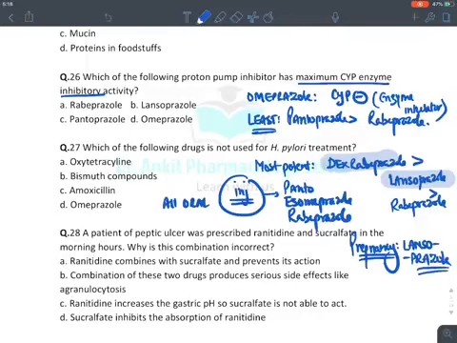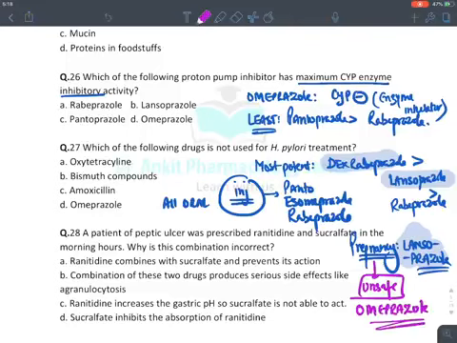But remember, we can use other PPIs as well, but the data with lansoprazole is best. The unsafe PPI in pregnancy is omeprazole, because it has endocrinal side effect. The only unsafe PPI in pregnancy is omeprazole. So, these are certain properties of PPIs.